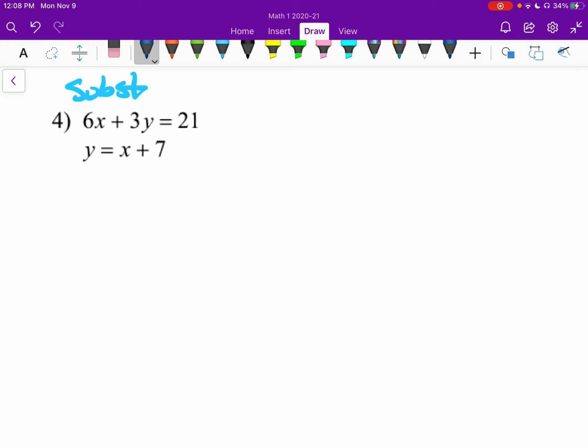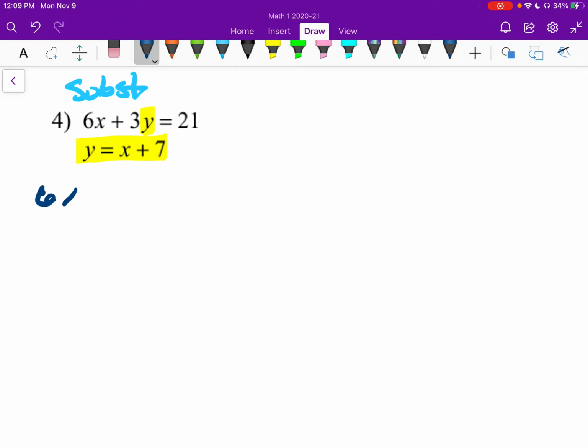You will get the same answer no matter what. The only difference is we want to be doing it the easy way. I could graph these and I would get the right answer. I could use elimination, but I'd have to do a lot more work in the beginning. I've decided to do substitution because I have this y equals, and I think it'd be really easy to plug in there.